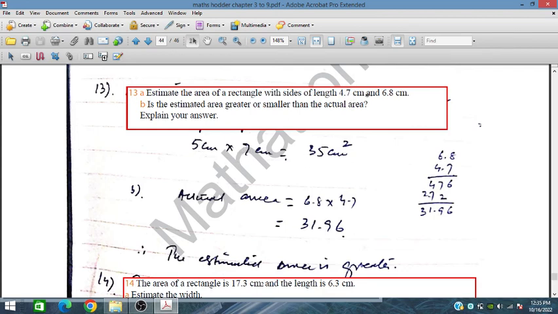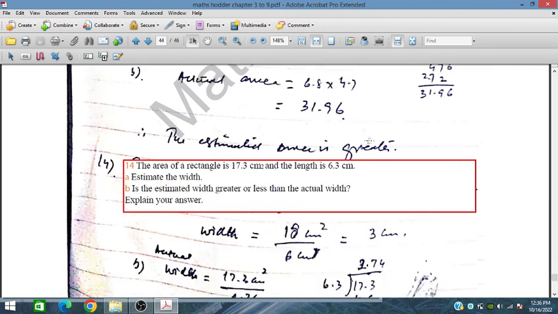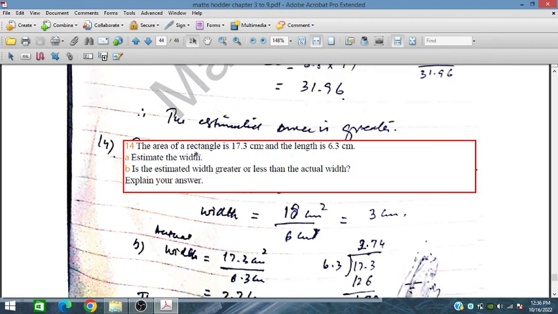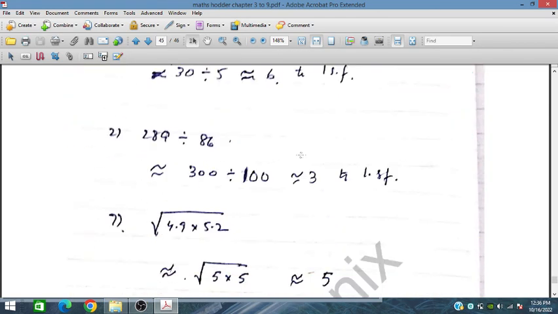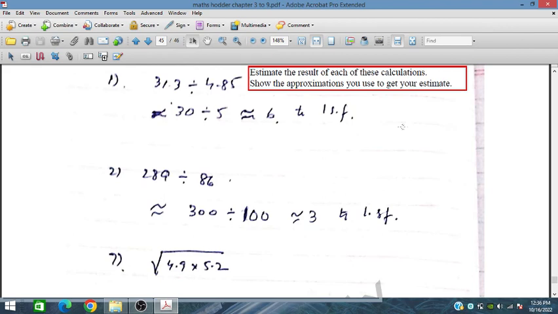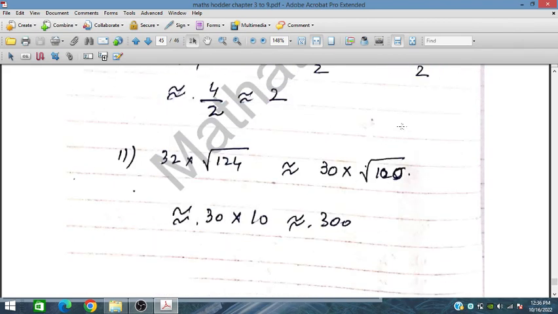This is an overestimation, but the actual area is this. So multiply this with this one to get the actual area, and the estimate is greater. The error is approximately 2 or 3 centimeters squared. We have overestimated by 3 centimeters squared, but we performed quick estimations earlier, so this is easy.